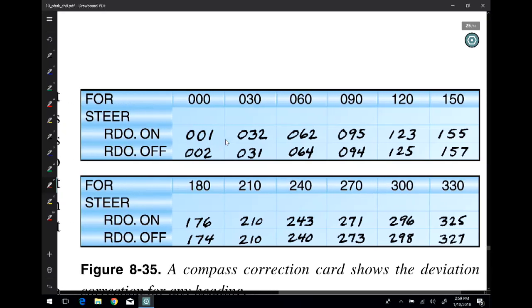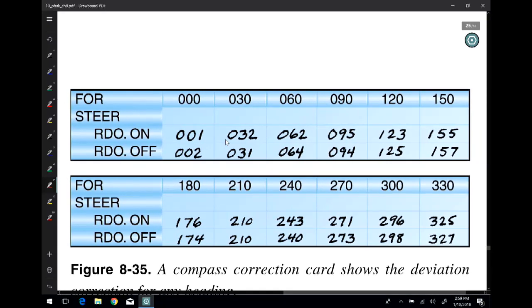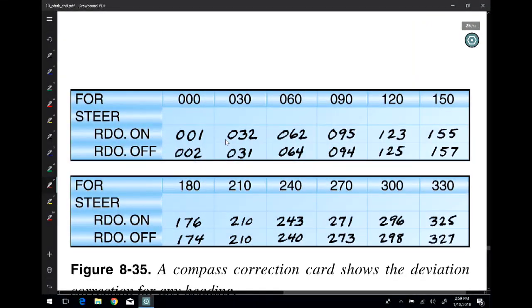This is the compass card inside your aircraft, and it is a card that the mechanic, the A&P, airframe and power plant guy, will put in your airplane. It tells you where to steer based on your magnetic compass, depending upon the electrical instruments in your airplane. So you'll notice here that if your radio is on or your radio is off, you may have different magnetic headings that you're going to fly. So for instance, we know that east is 090.